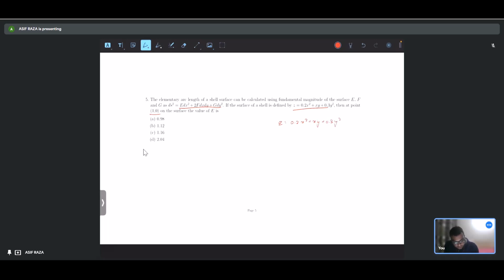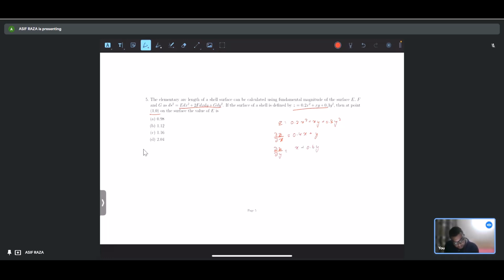Let's find del z by del x, which is equal to 0.4 x plus y, and del z by del y equal to x plus 0.6 y.